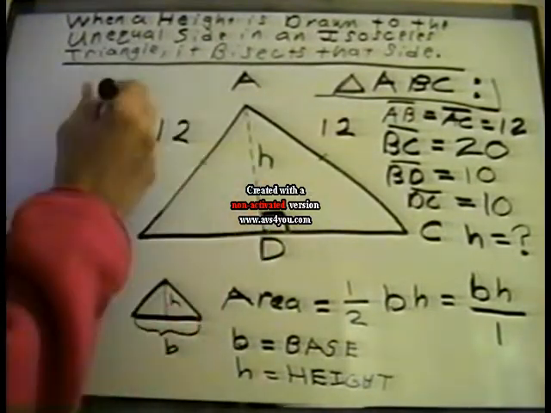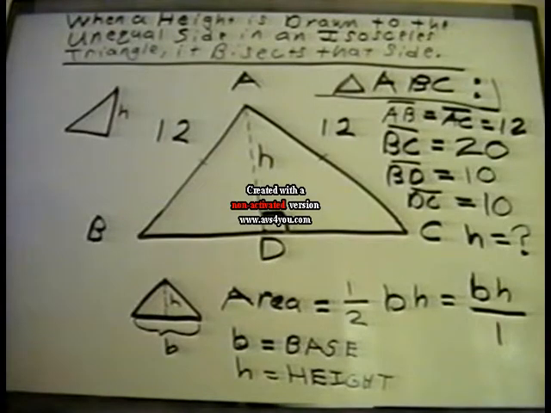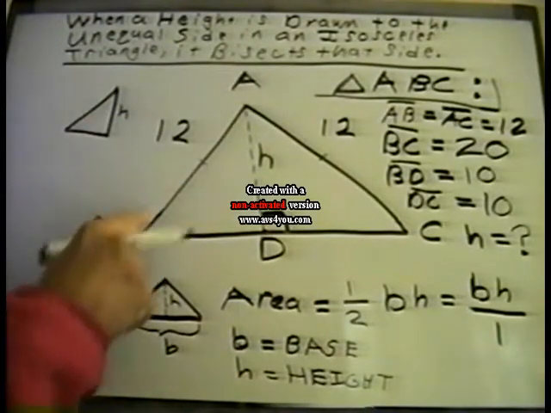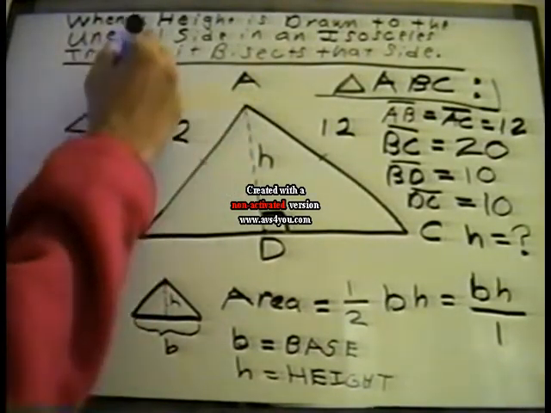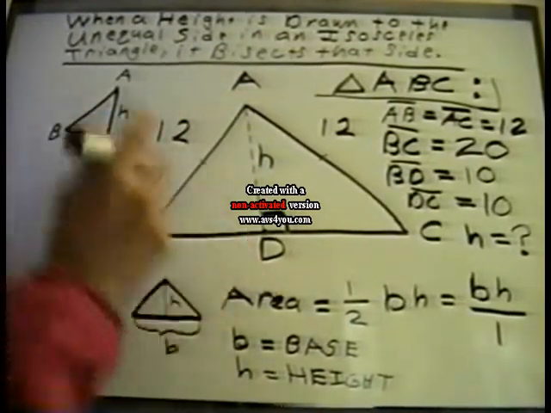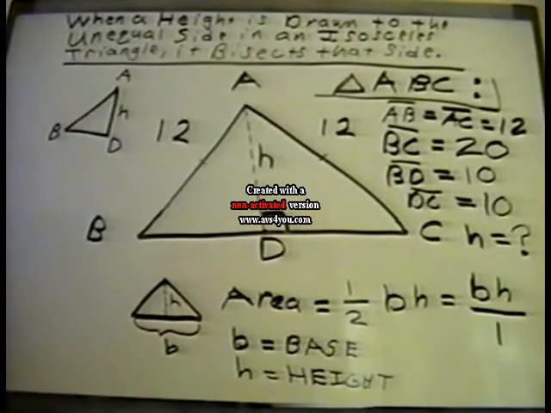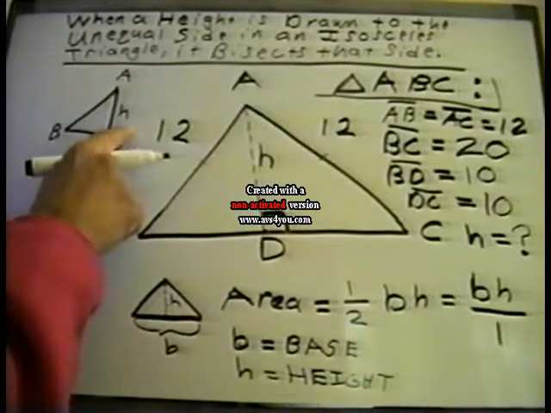Now here we have our height. This represents point A here, point B, and then point D. So the height is the length AD.